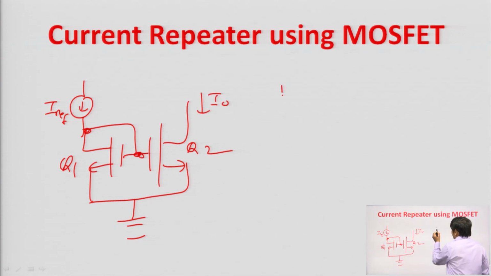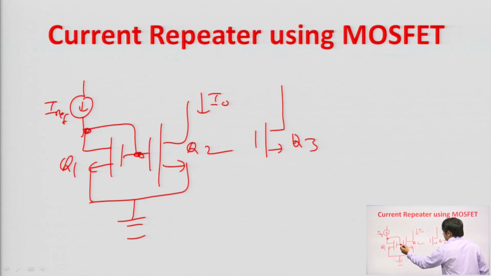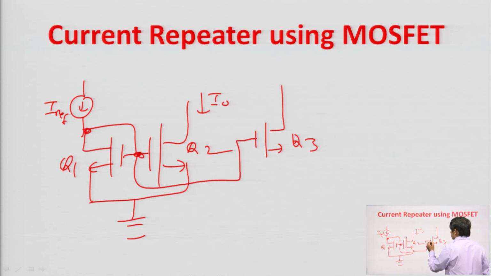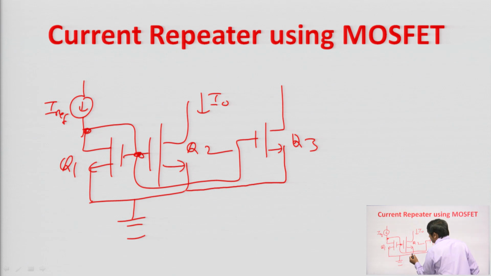Similarly, if we connect another transistor Q3, with the gate terminal of Q1 and Q2 shorted to the gate terminal of Q3, and the source terminal shorted to the source terminal of Q1 and Q2, then the gate and source potential of Q3 is again the same as Q1 and Q2.